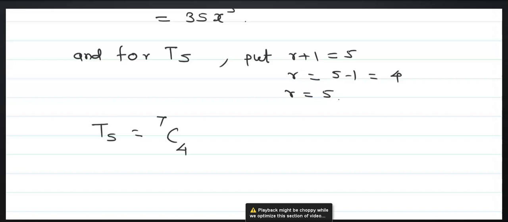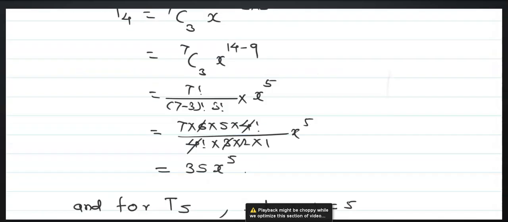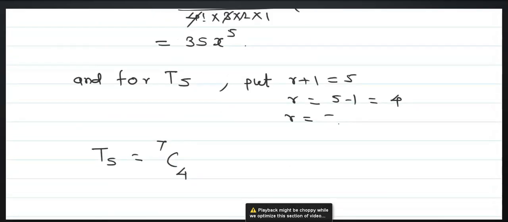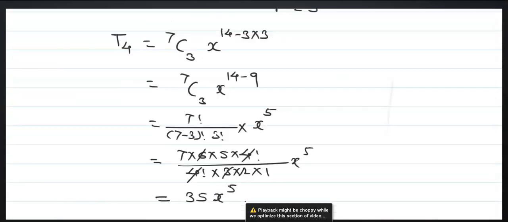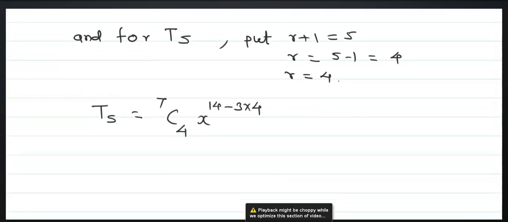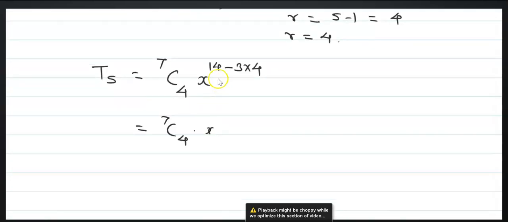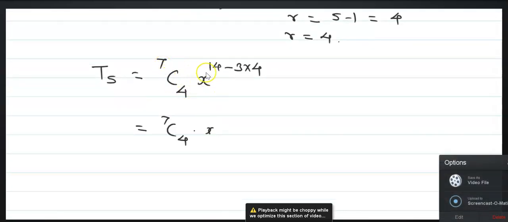T5 is equal to 7C4 x raised to 14 minus 3r, and therefore 4 into 3, that is 12. 14 minus 12, therefore it is x square.